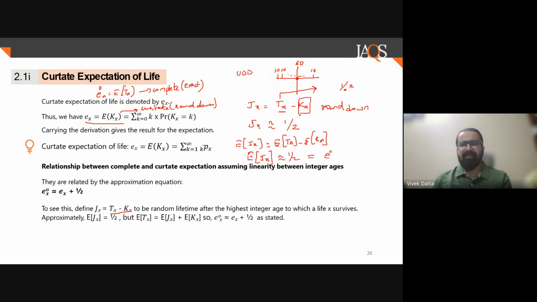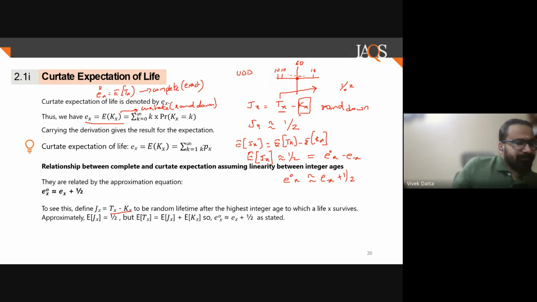E circle X minus expectation of X. So E circle X is approximately equal to EX plus half. Clear?